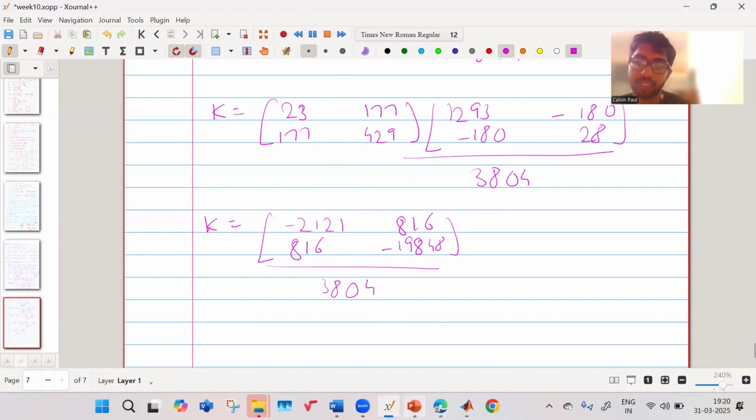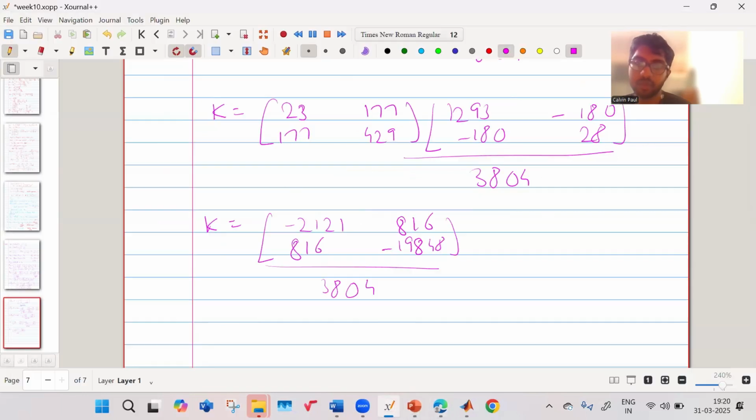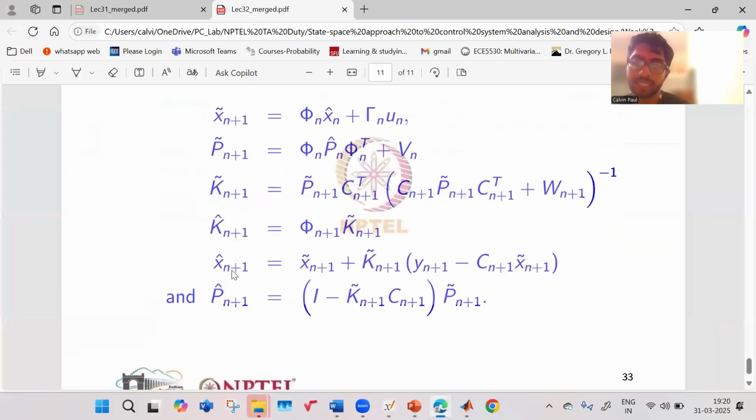The last part is we have to find the updated state. I'm not dividing it because then it will become a bit difficult. The updated state is given by this equation: x hat n plus 1 is x tilde n plus 1 plus K n plus 1 into y n plus 1 minus C into x tilde n plus 1.